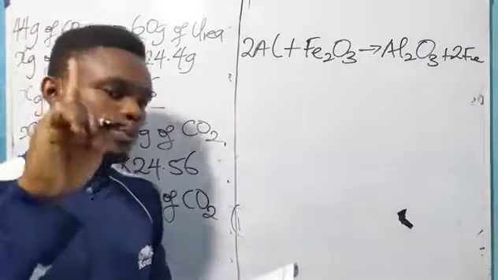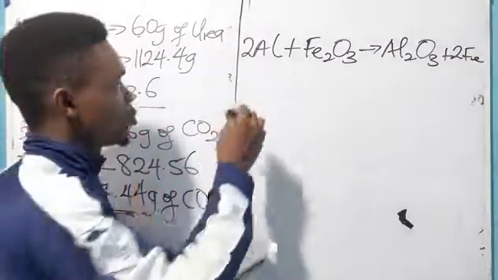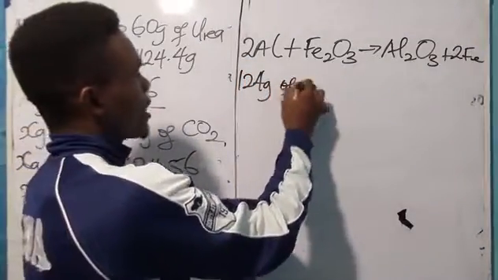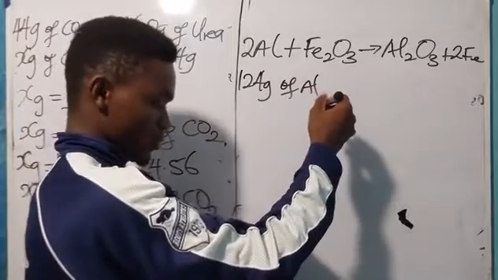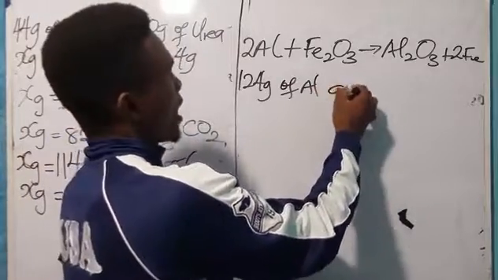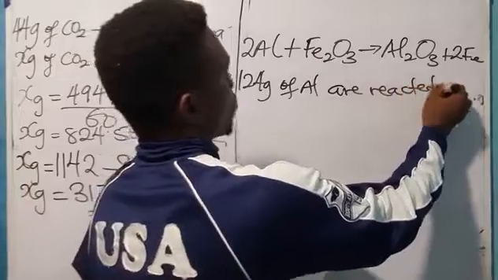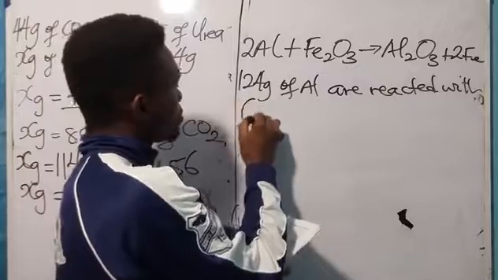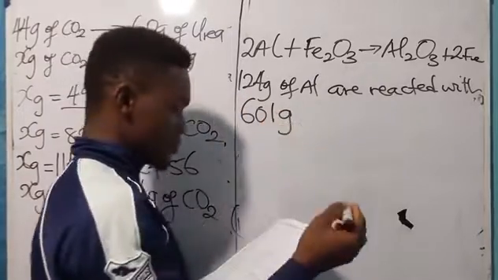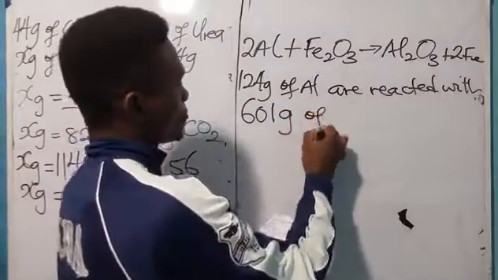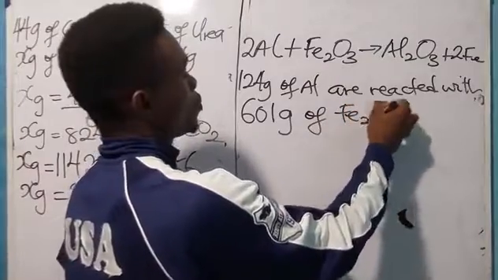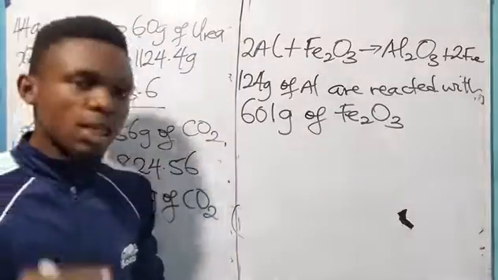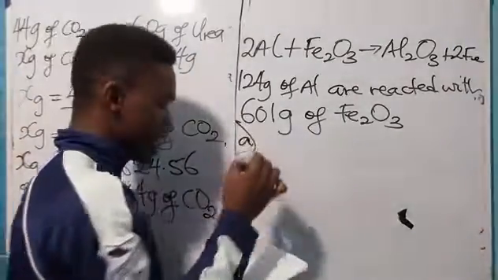Let's say in one process 124 gram of aluminium is reacted with 601 gram of Fe2O3.